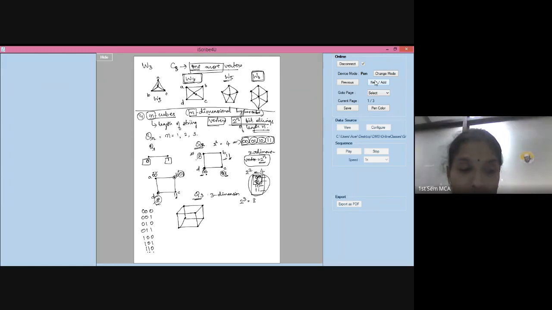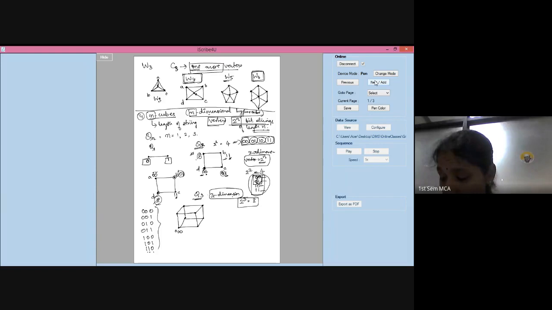Now, where to place what? This is a three-dimensional Qn. N is 3, so a three-dimensional cube. What should each vertex represent? Each vertex should represent the 8 possible combinations of 2 to the power of 3. I have put the 8 possible combinations down here. Now, we'll start with this vertex 0, 0, 0. What are the adjacent vertices to 0, 0, 0?